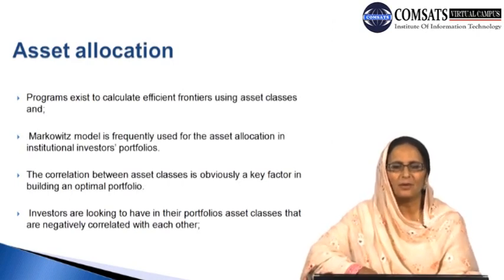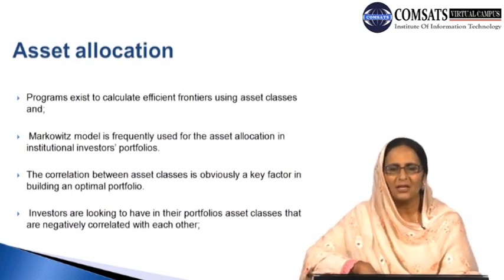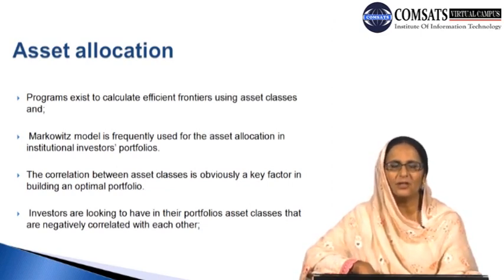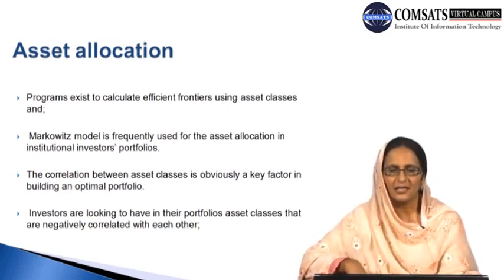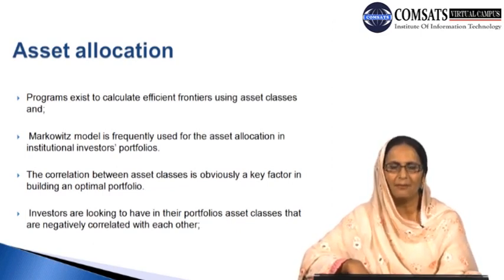Programs exist to calculate efficient frontiers using asset classes, and the Markowitz model is frequently used for asset allocation in institutional investor portfolios. We can say that although in chapter number 3 this particular model focused on individual investors, as far as asset allocation is concerned, the Markowitz model can be used to elaborate the concept.